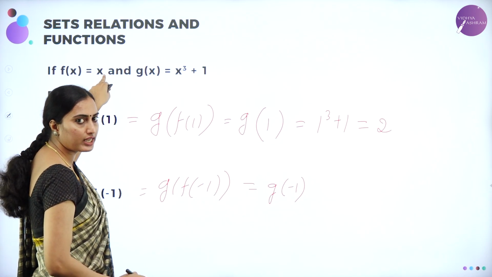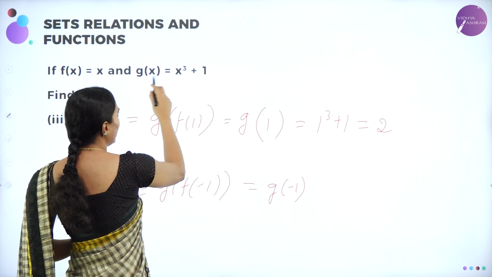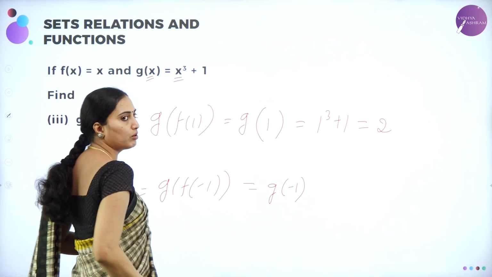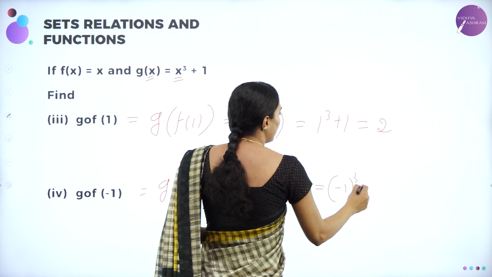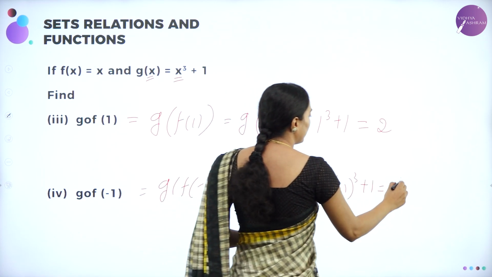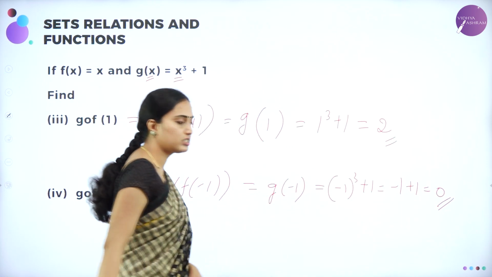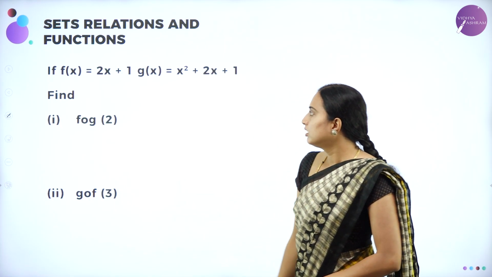They have given only x for f of x. Next, g of minus 1. G of minus 1 looks like g of x, putting x equal to minus 1. So it gives minus 1 whole cube plus 1, which is minus 1 plus 1, which is 0. That's it. Is that easier? Yes. We'll move on to the next question.